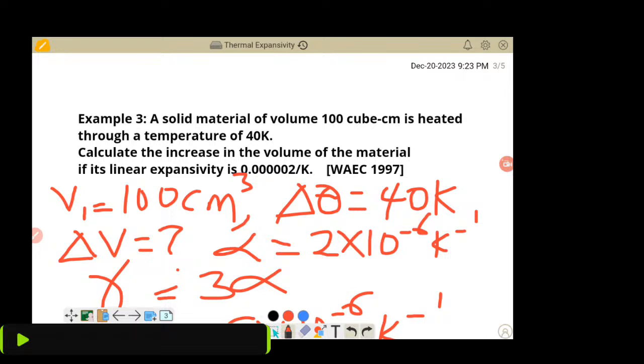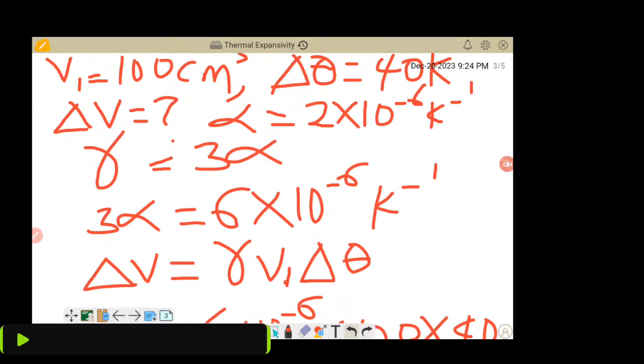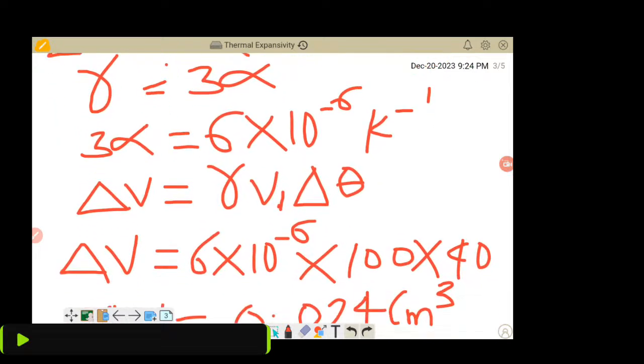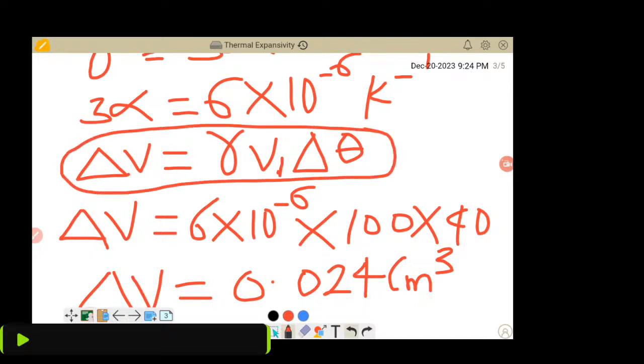So putting all those into consideration, we first listed out all the parameters, and we found the value of our gamma, gamma equal to 3 alpha, and that is what is giving us this. Okay, so moving on from that, we substituted the values into this formula. From the introductory part of this class, I've talked about this, making delta V the subject of the formula.